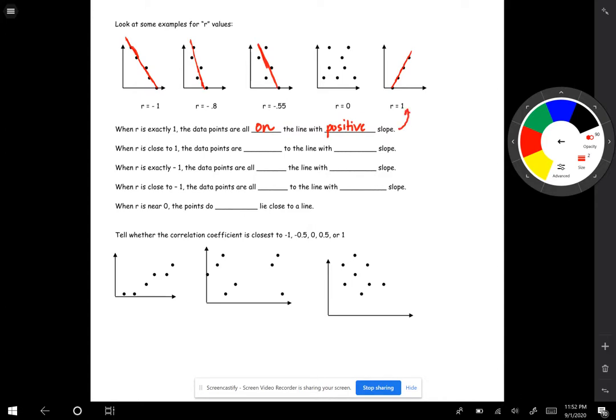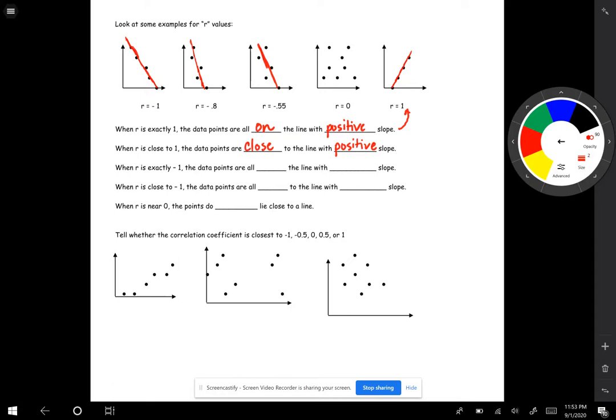When r is close to 1, the data points are close to the line and also with a positive slope. And I don't have a picture of that, but just imagine if you know this last picture where r equals 1, if you had something like r equals 0.9, it'd be pretty close.